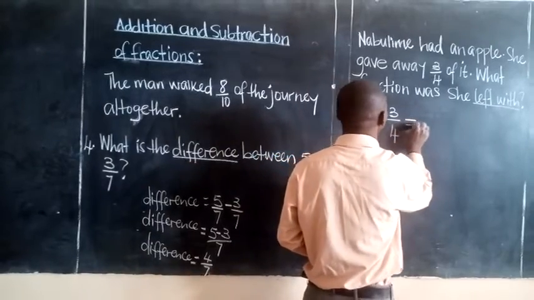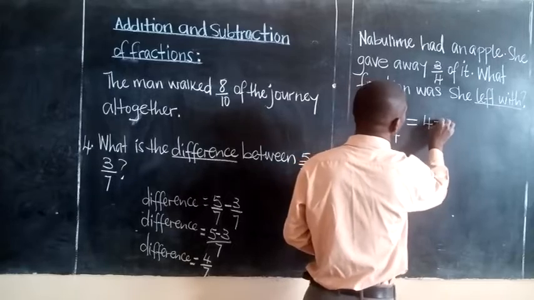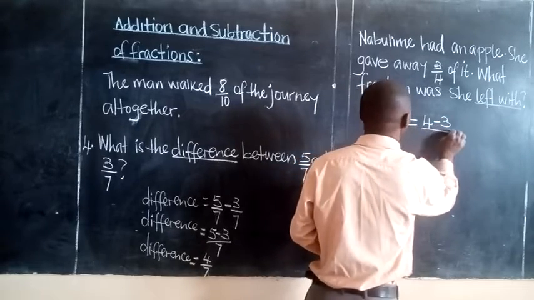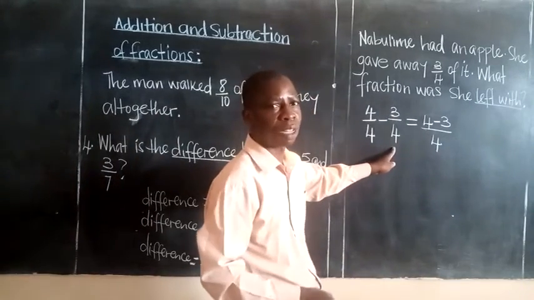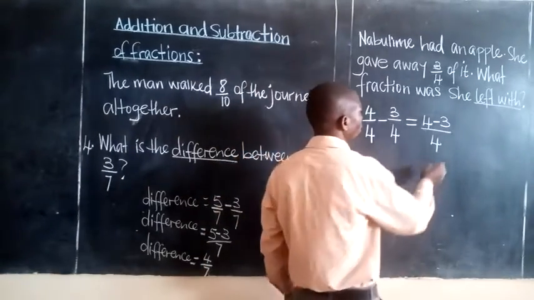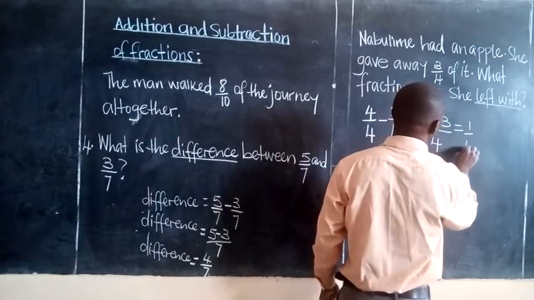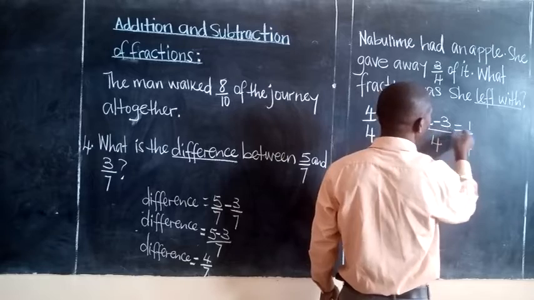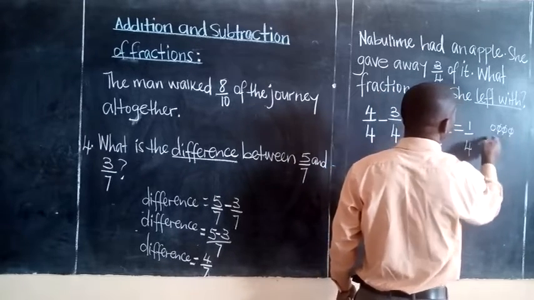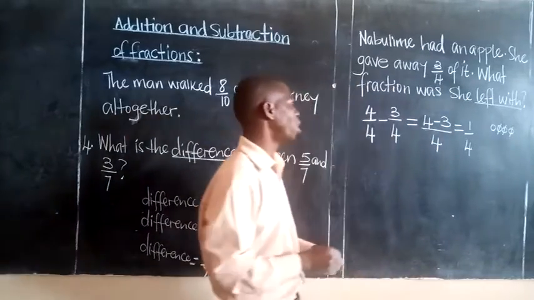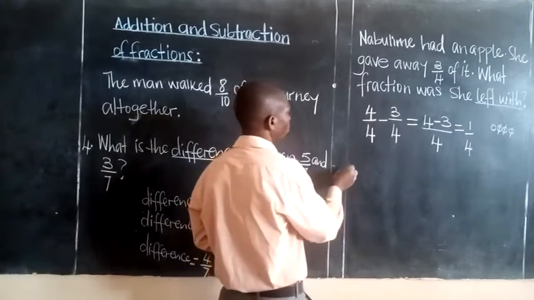So here we deal with the numerators. 4 take away 3, out of 4, because the lower number doesn't change. We are taking away 3 and we are remaining with 1. So it's 1 out of 4. Therefore, we shall come back and conclude.